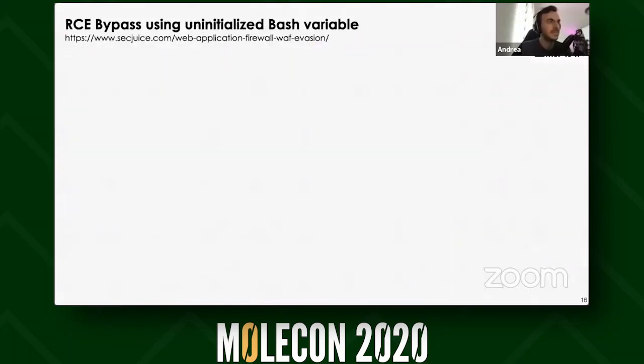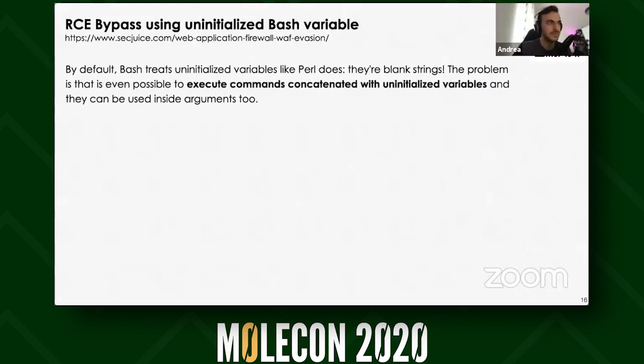Another bypass technique exploiting a remote command execution is to use an uninitialized variable. By default, bash treats an uninitialized variable like Perl does, for example. They are basically a blank string. It's even possible to execute commands concatenated with uninitialized variables, and they can be used inside arguments too.